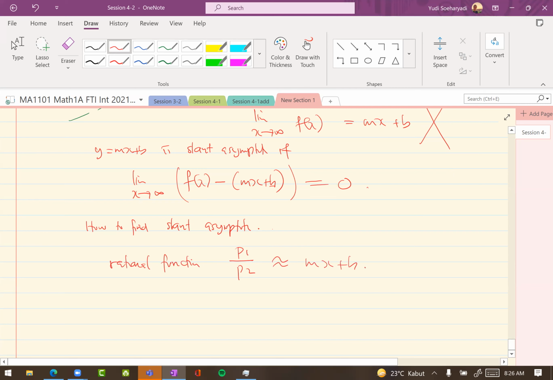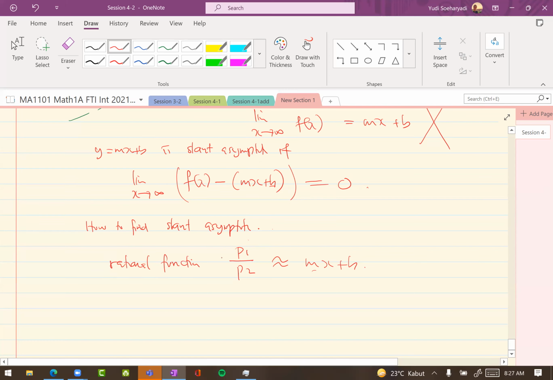Okay. You should have, well, the thing is, say P1 is power 10, P2 is power 5. So if you divide P1 by P2, you get x to the power of 5. So you cannot have this one. The only way to have mx plus b is if, for example, P1 is power 2 and P2 is power 1, or P1 power 5 and P2 power 4.